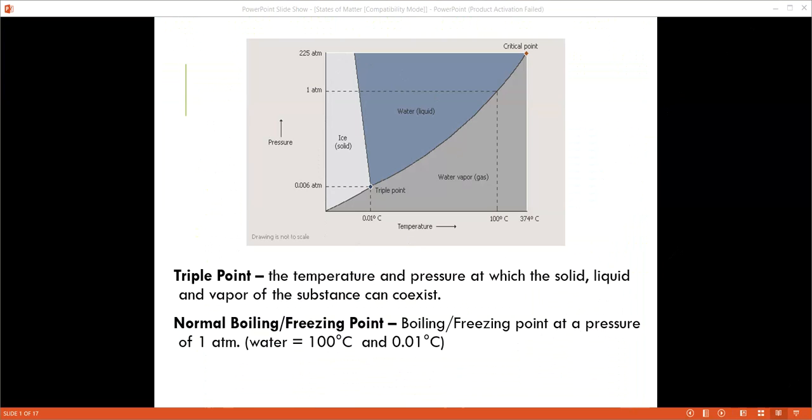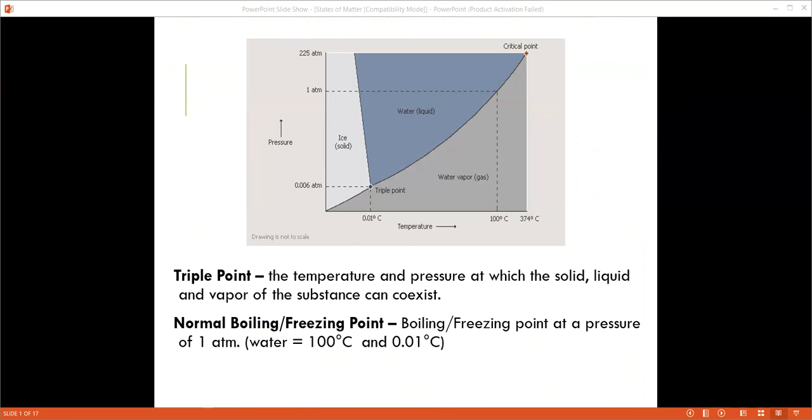So anytime a question were to ask you what is the melting or boiling point of this substance and give you the phase diagram to figure that out, you would need to find the 1 atm pressure on your y-axis. Okay. Quick side note here, atm stands for atmospheres. It's just the unit that we use for pressures. So you'd find 1 atm of pressure and follow that all the way over.